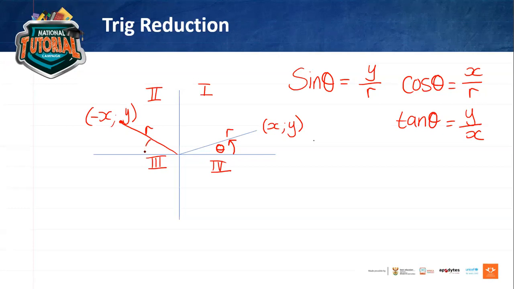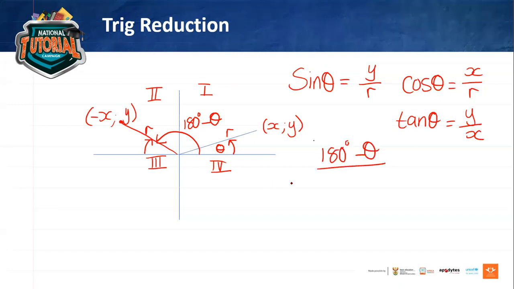This angle over here is now the angle theta. If I'm measuring from the positive x-axis anti-clockwise, this full obtuse angle is 180 degrees minus theta. So we're looking at angles where we have 180 degrees minus theta.